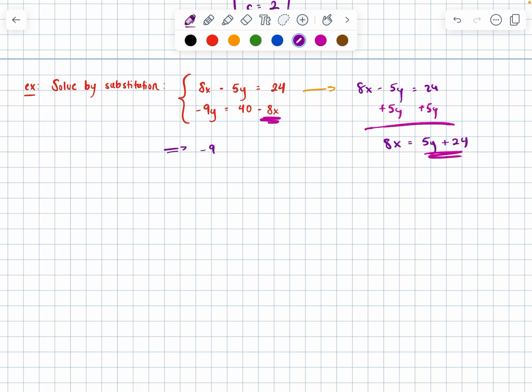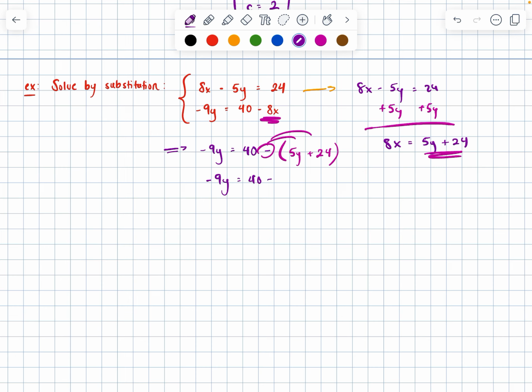So that tells me here by substitution, negative 9y is equal to 40 minus 8x, but 8x is really 5y plus 24. Cool. Doing some substitution, I'm going to take my minus sign. I'm going to distribute.